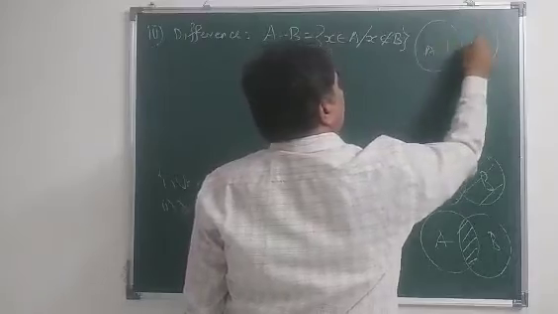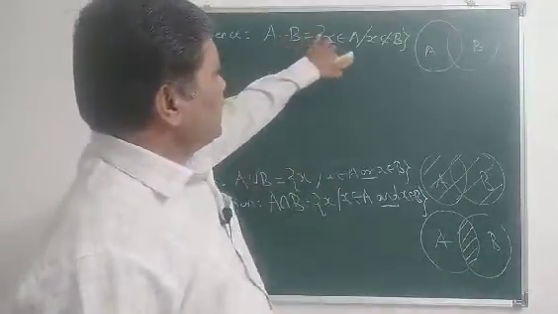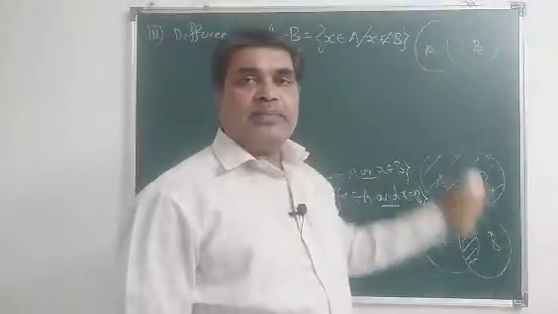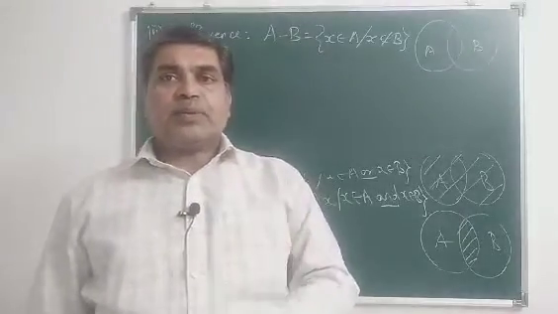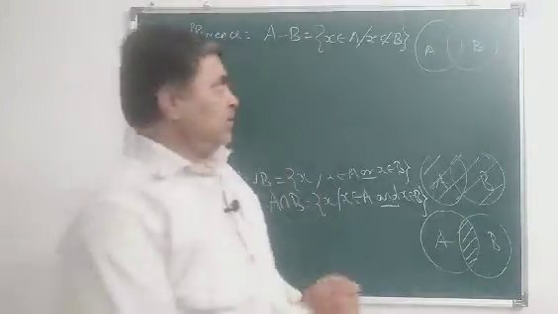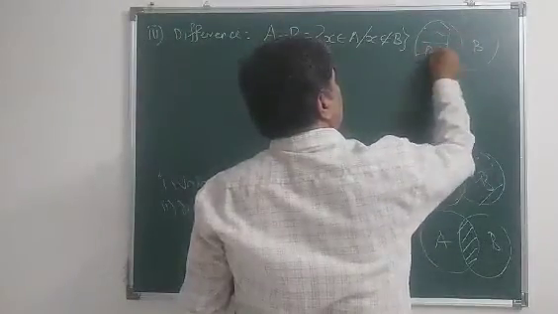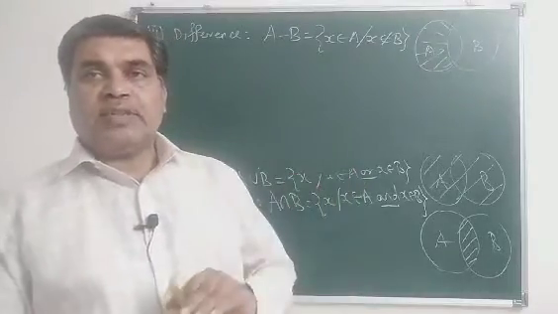This is set A, this is set B. You have to collect all those elements only from A that are not members of B, which means from A we remove the elements of A intersection B. So this shaded portion is A minus B.